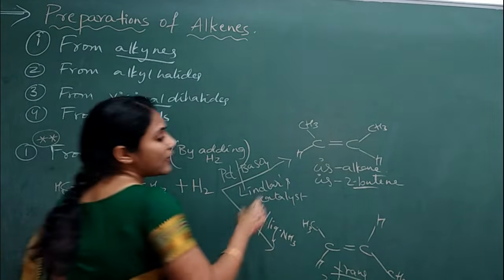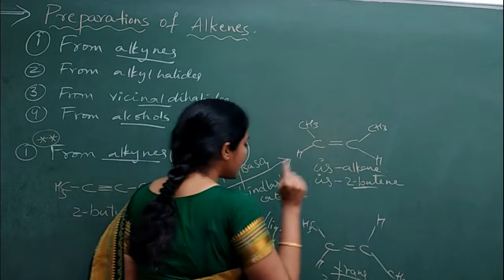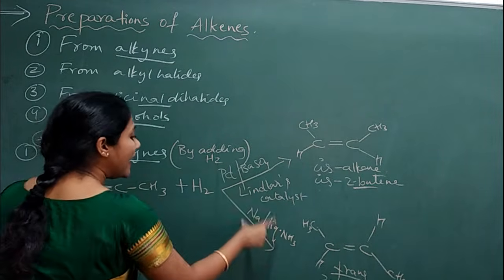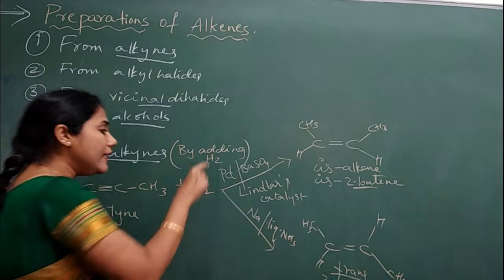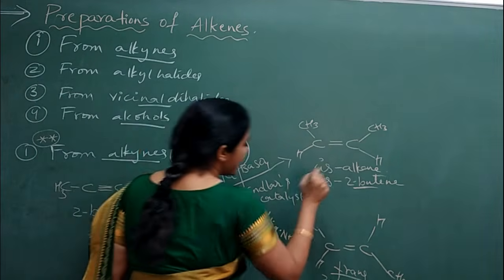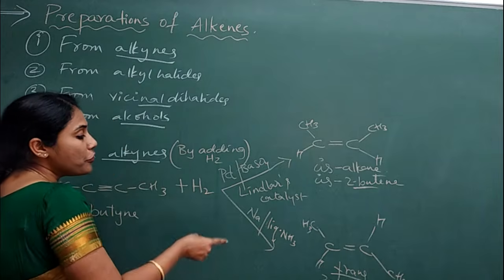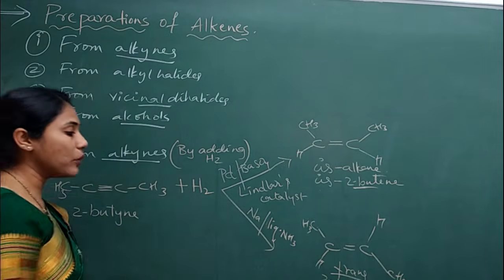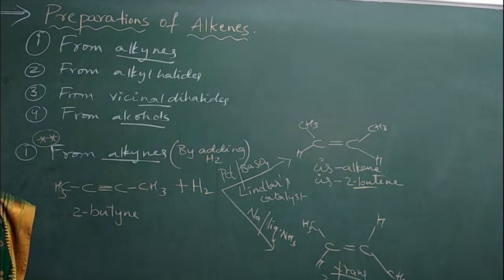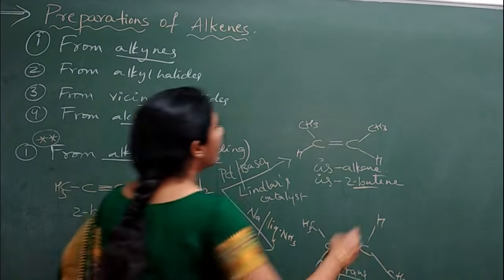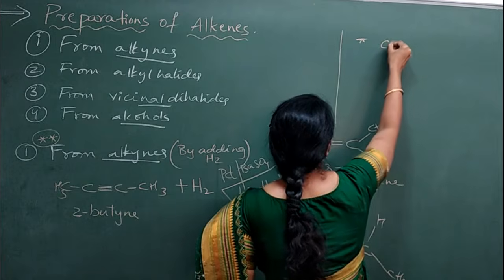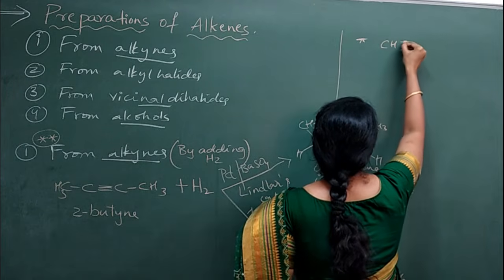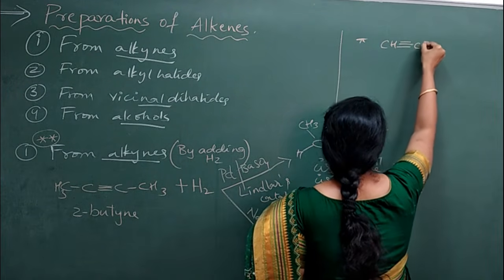Which isomer you are going to get always depends on what catalyst you have used here. So if you use Lindlar's catalyst, you get cis isomer. If you use sodium over liquid ammonia, you get trans isomer. Now, suppose I have just CH triple bond CH.